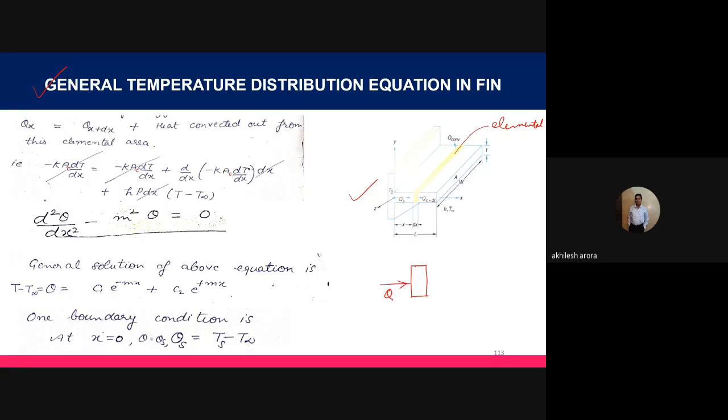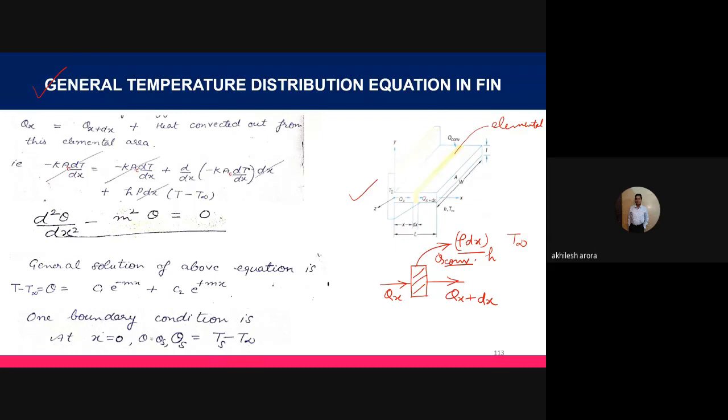We said that Qx is the amount of heat which is entering into this element and Qx plus dx is the amount of heat leaving this element, and from the area which corresponds to P into dx, from here the heat is being lost to the surroundings, which is at temperature T infinity, and heat transfer coefficient is h. This heat transfer which is taking place from this P into dx area is because of convection.